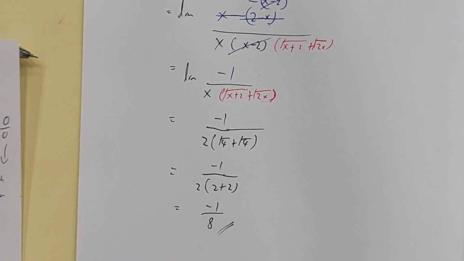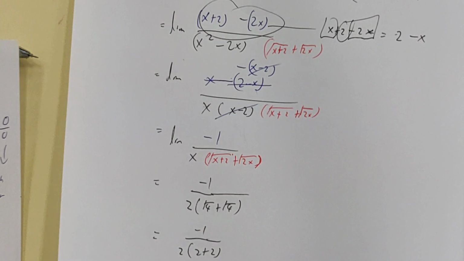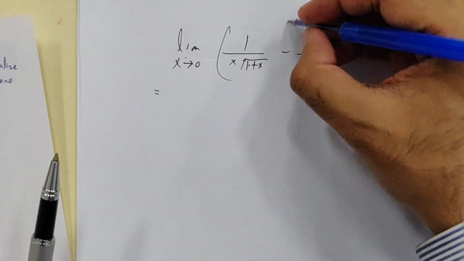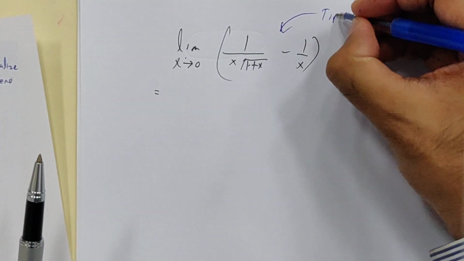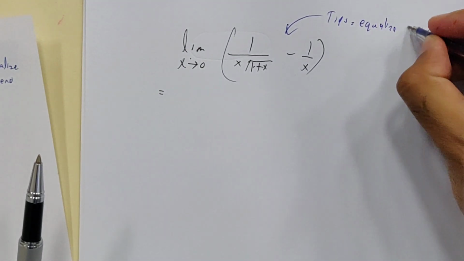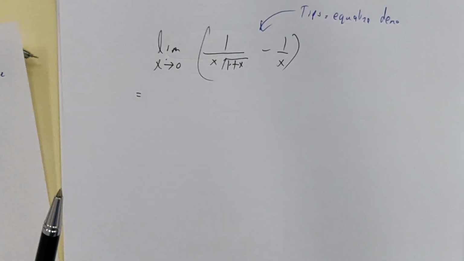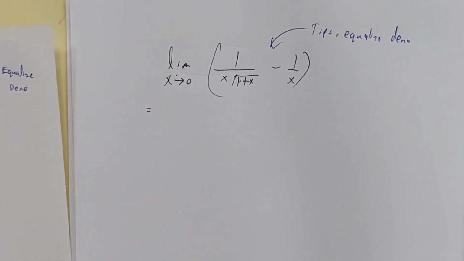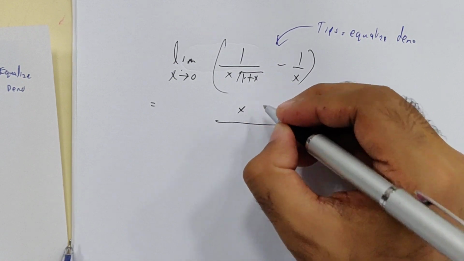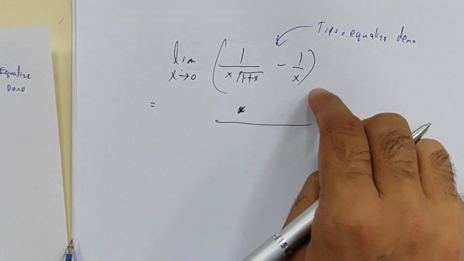Okay, now let's try the second example. The second one is tough. I need to rewrite it. Okay, how should I start this question? My tip will be equalize the denominator. Okay, what's the difference?